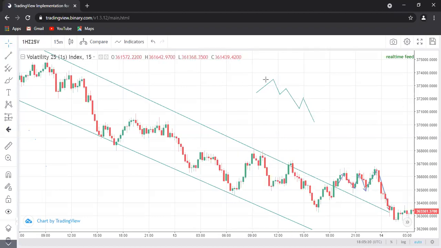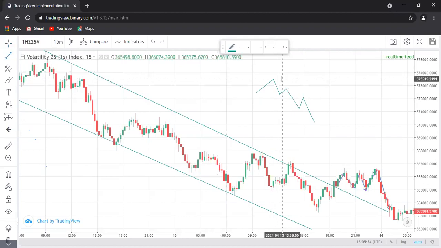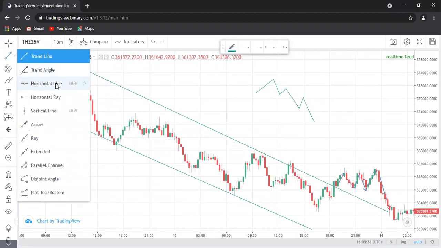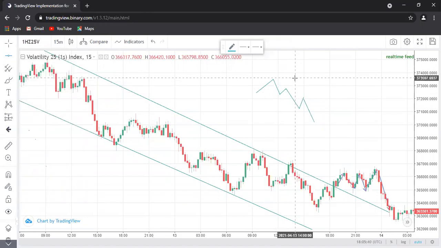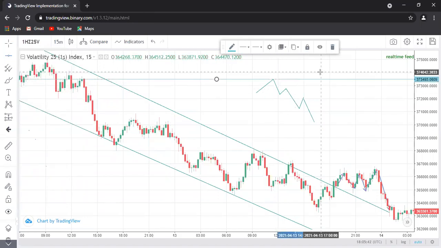You can call this place the all-time high of the market. Most times you can call it the major resistance of the trend. Some call it the major resistance, but it's not actually the resistance. This is the supply zone. Are you getting me?